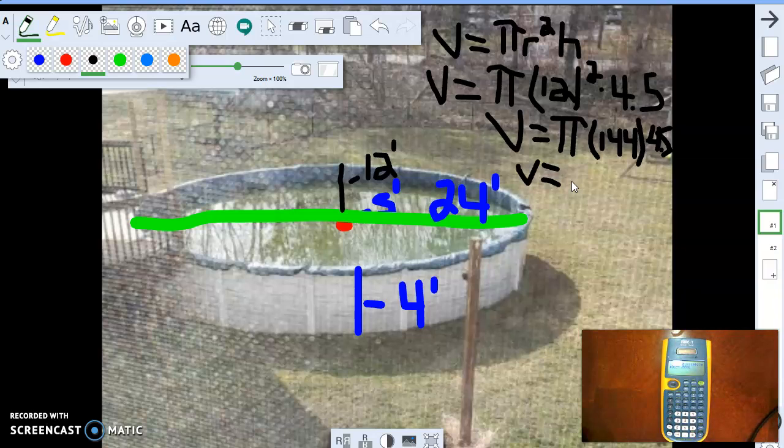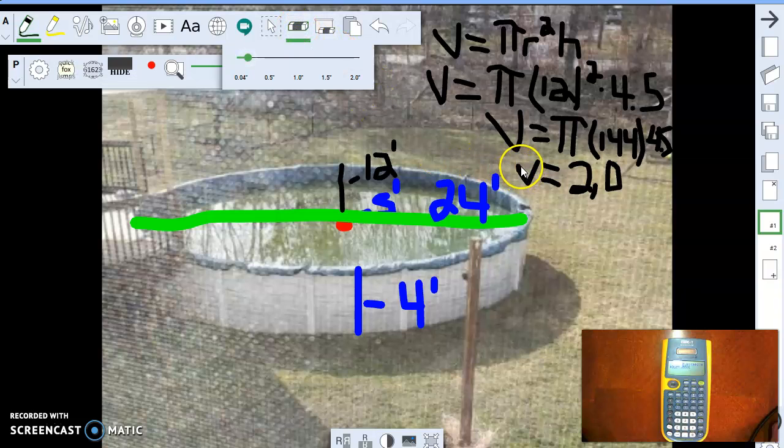And I get 2035.75. We can round it to the nearest whole number. Let's go 2036. And actually, you know what?